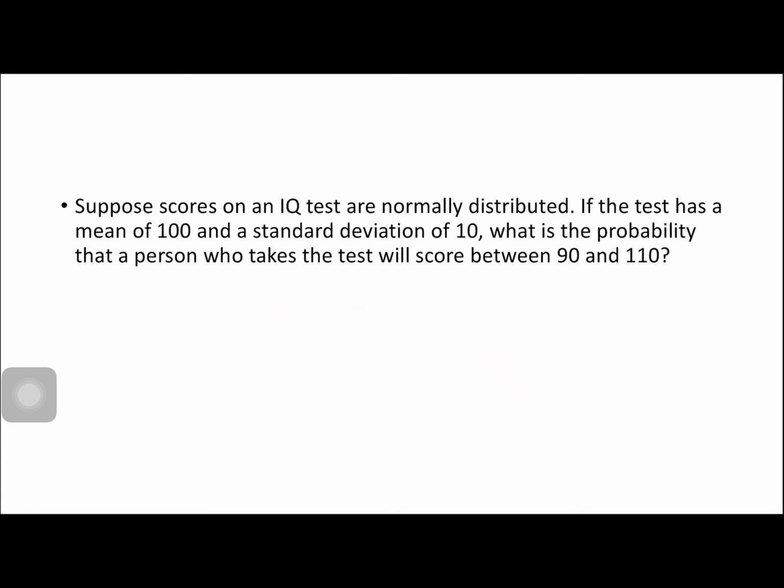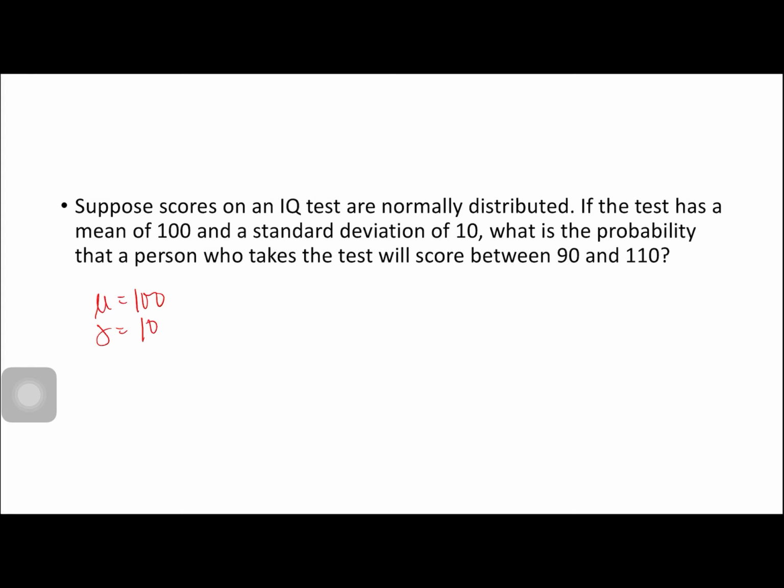Suppose scores of an IQ test are normally distributed. If the test has a mean of 100 and standard deviation of 10, what is the probability that a person who takes the test will score between 90 and 110? We have here mu is 100, sigma is 10.